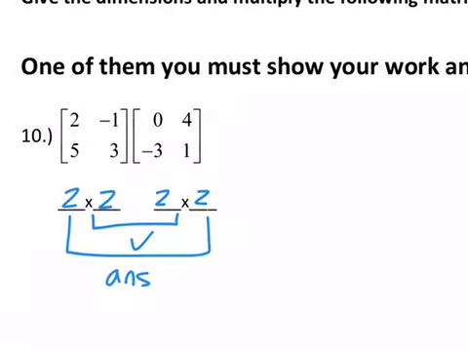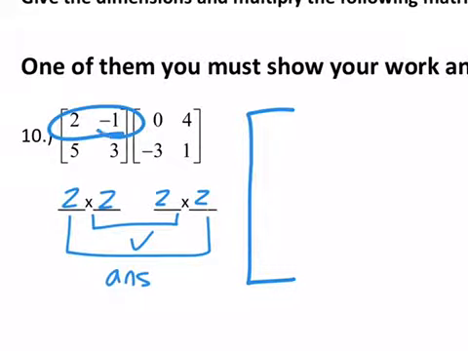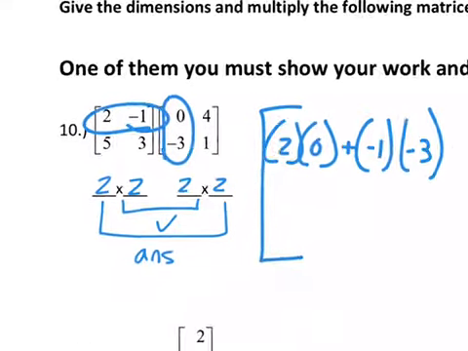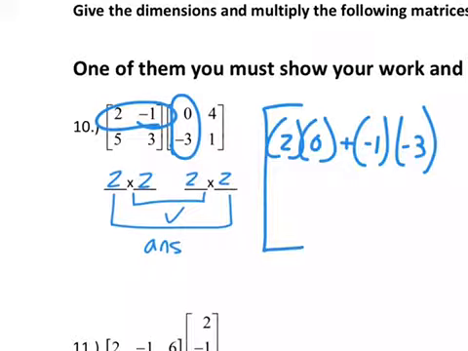All right? So here's the way it works. We're going to take this first row, multiply it by this first column. So we'll have 2 times 0 plus, because you always add the second piece, -1 times -3. And I'll go back and simplify that at the end. Okay? So once we have that there, now we are looking to, that's not what I wanted to do.